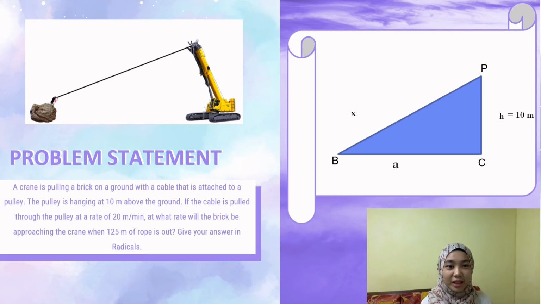The cable is pulled through the pulley, which is the hypotenuse, at a rate of 20 meters per minute, so we label it as dH/dt equal to 20 meters per minute. The question is, what will be the rate of the brick approaching the crane if the rope out is 125 meters? This happens at the adjacent, so we write it as dA/dt. This is the interpretation of the problem statement.